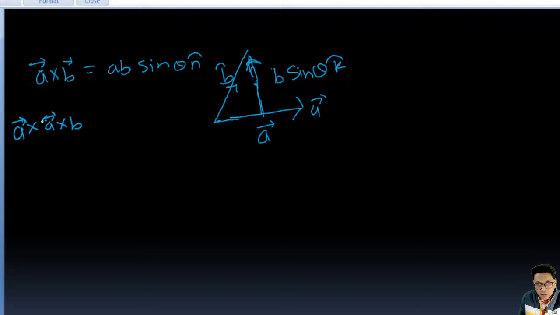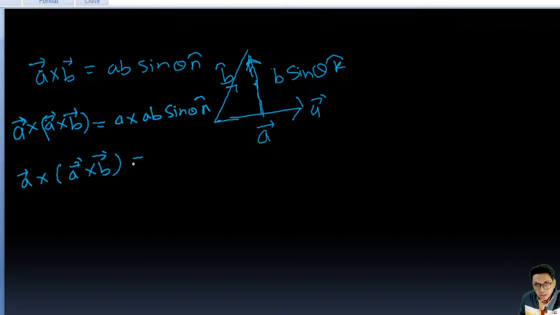A cross B is going to be A cross AB sine theta n cap, so it is going to be A cross A cross B, and this is A square B sine theta, a vector, times A cross n cap.